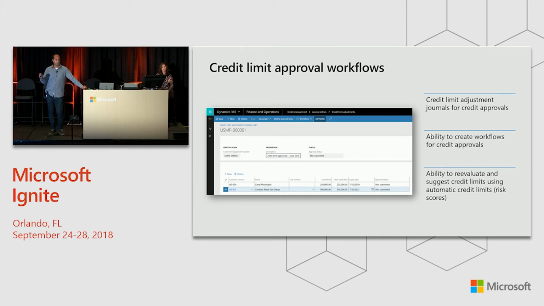So this journal functionality enables you to create a credit approval journal with a number of customers where you have updated their credit limit. And then you can submit this journal through the workflow. And depending upon the criteria that you have specified in the workflow, it will go to the appropriate person. Approvals will take place. And once the approvals take place, this new credit limit will be applied to the customers.